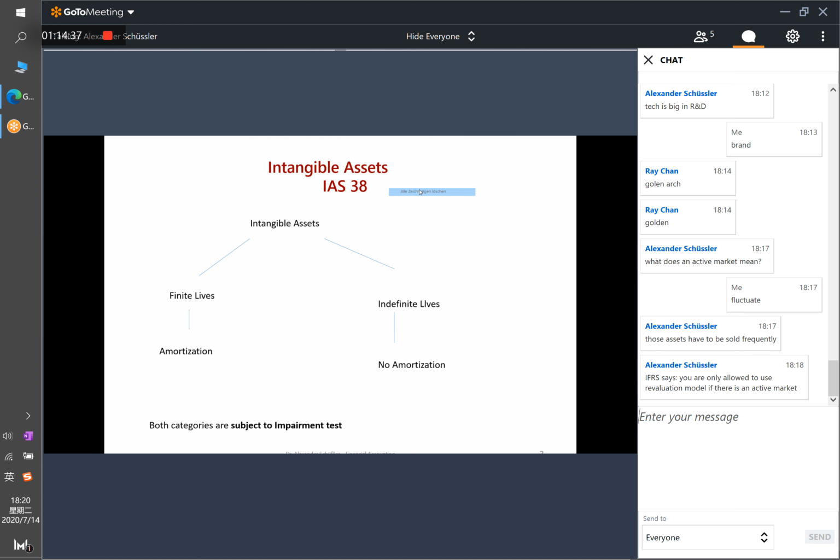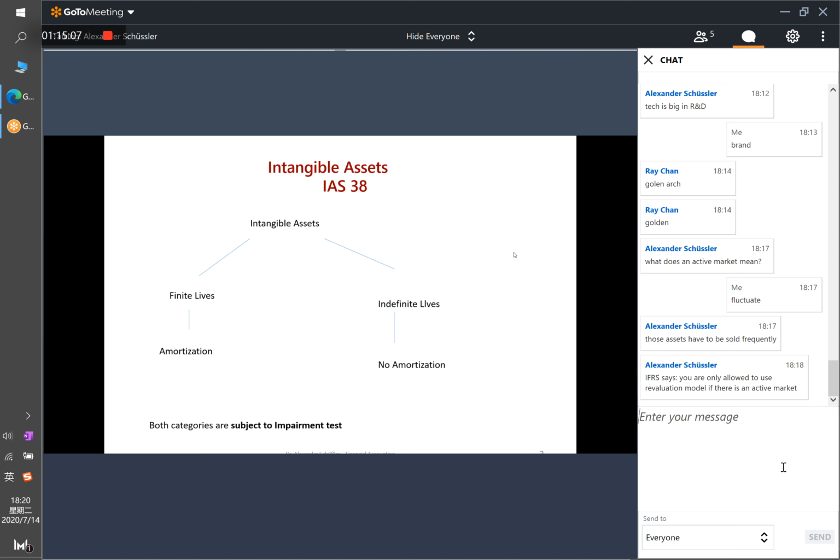When we're talking about intangible assets, we have finite lives and indefinite lives. When we have finite lives, we have to amortize them. Finite lives means the life of those assets can be measured reliably.